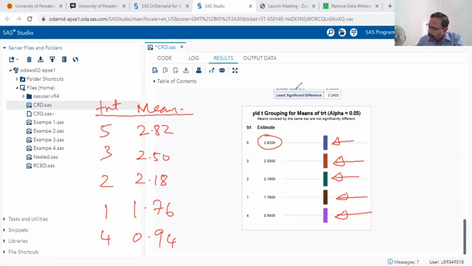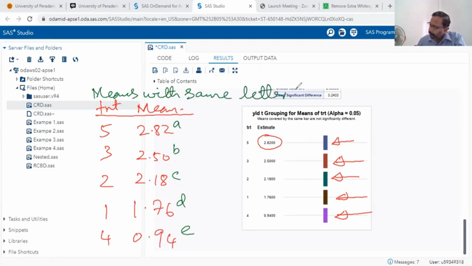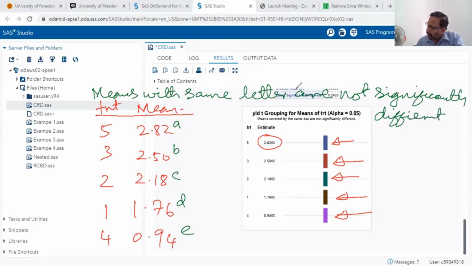Here we write A, B, C, D, E. We say: means with the same letter are not significantly different at alpha equal 0.05.